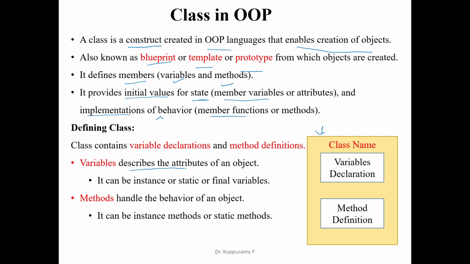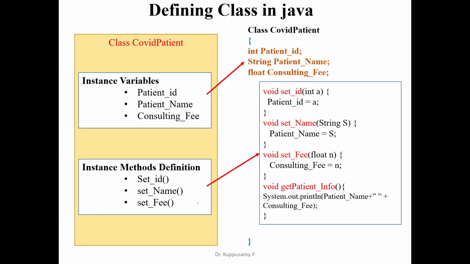The variables describe attributes of an object. There are different kinds of variables: instance variable, static variable, final variable, local variable. Like that, there are instance methods and static methods to handle the behavior of an object. For example, look here. I have given the class name COVID patient.